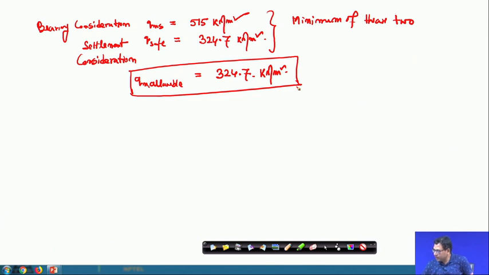Now, one thing is that we have considered the bearing and settlement separately, and based on that we calculated these things. Now, as I mentioned in the last class, we can use the N value directly to calculate the net allowable bearing capacity.